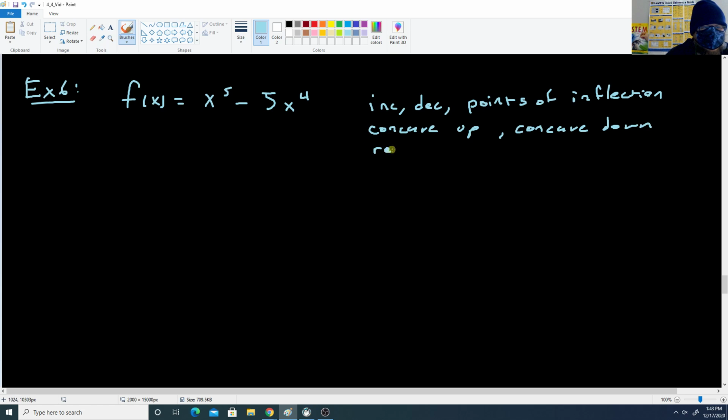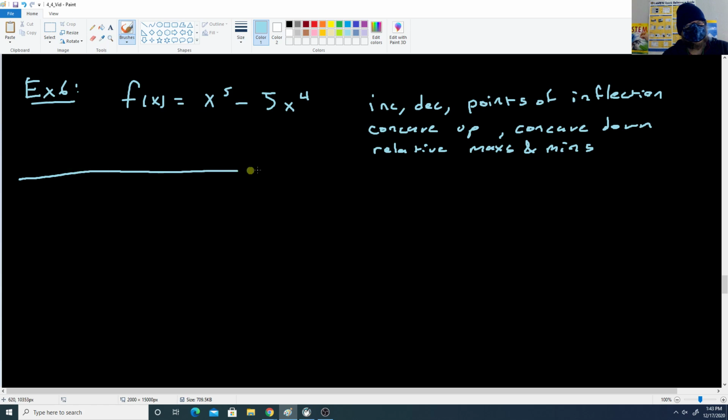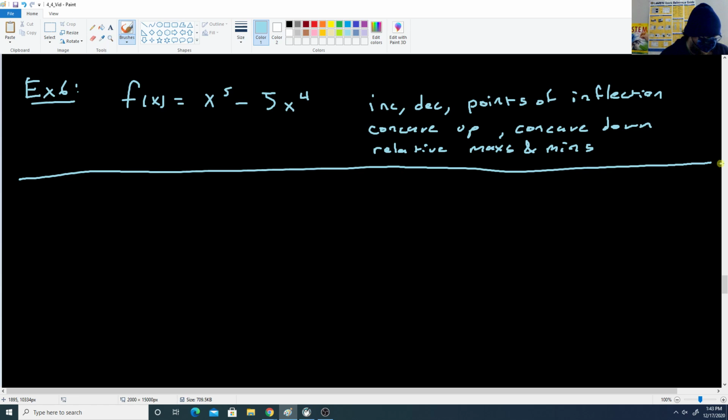And we're going to find our relative maxes and mins. So, slightly different. The book statement just is, try to use the second derivative test and determine your local max and min. But we want to put everything together with this one.